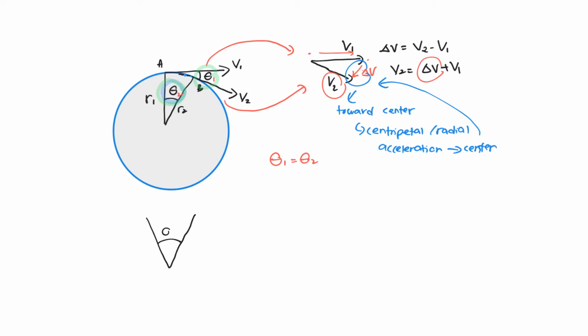This is theta 2, and it is basically between r1 and r2. You have an arc length here, but when t approaches 0, r2 and r1 are almost parallel. So we can say that the arc length equals the chord length if theta approaches 0, or we can say that theta is very, very small.